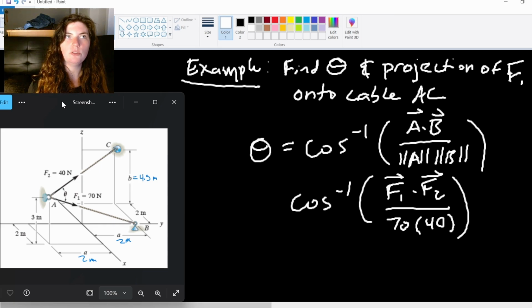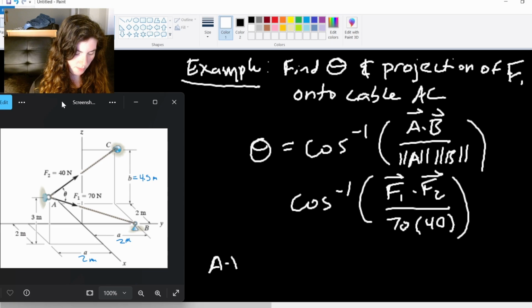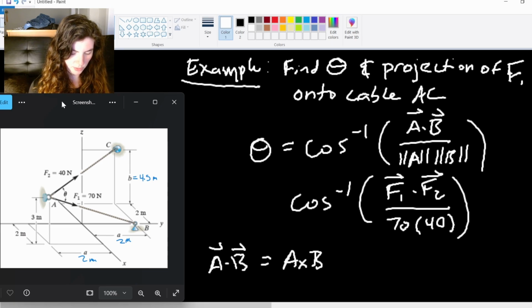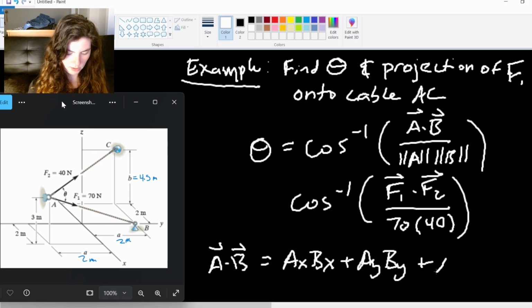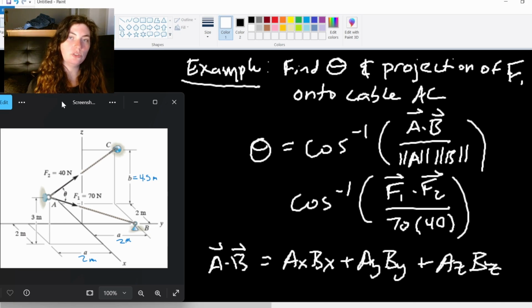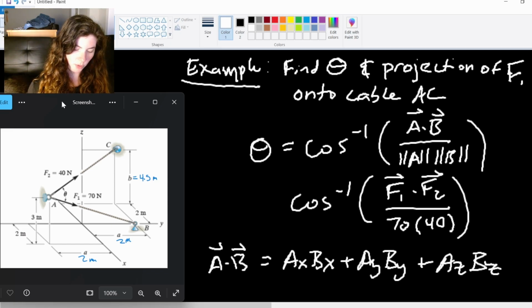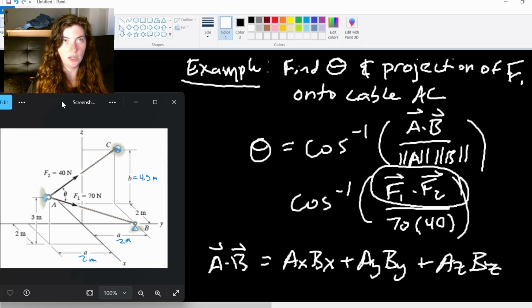But how do we find the dot product? Well, we know our other definition of the dot product. A dot B is AX BX plus AY BY plus AZ BZ. So using this, we should be able to determine what our dot product is that goes in the top part of this term so that we can find the angle.